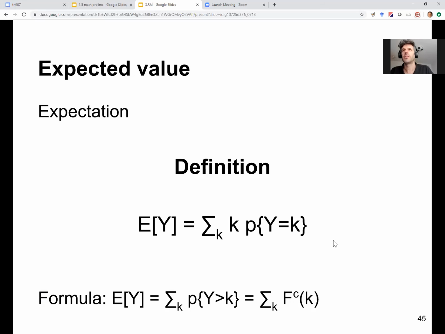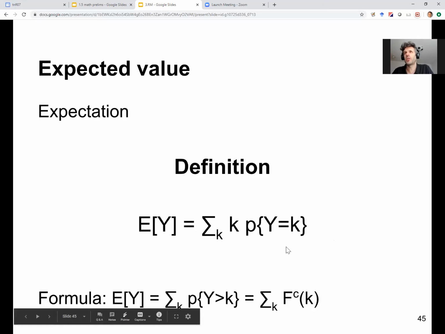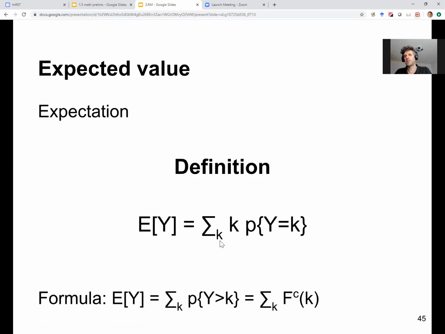The second one being too many terms for the same thing. So here again, one example, expectation and mean value. It's a number which is defined like this. You go over all numbers and multiply every number by the probability of the random variable being equal to that number. And when you do the summation, you get the expected value of the random variable.